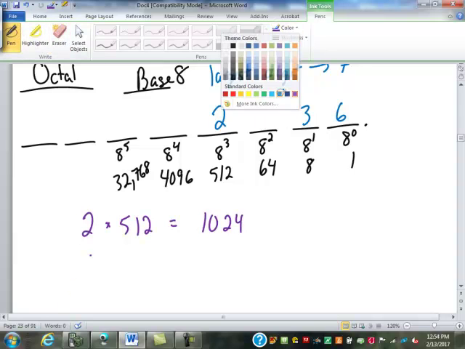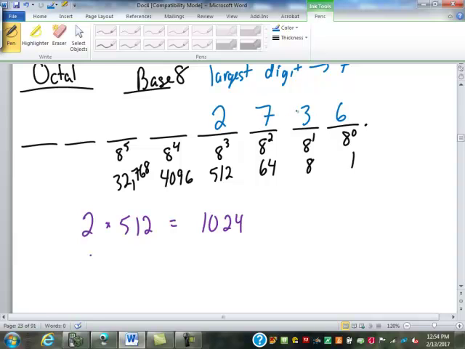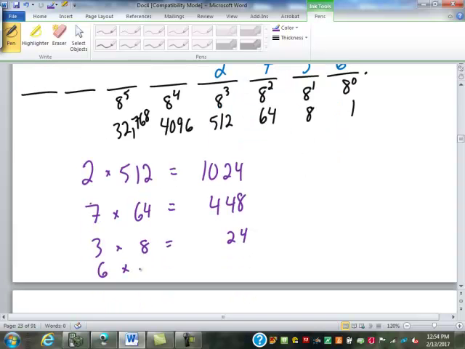That can't be an 8. That can only be a 7. That 7 is in the 64s place. So 7 times 64 is 448, I believe. The 3 is in the 8s place, so 3 times 8 is 24. And then there's 6 in the 1s place.